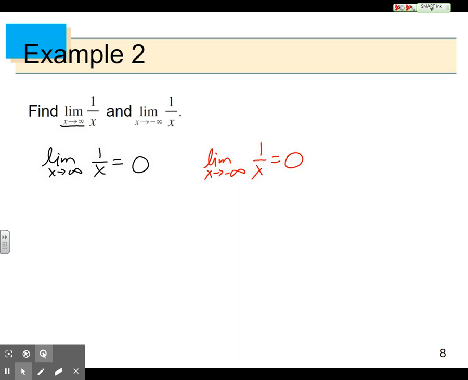You don't have a negative in there, but it's 1 divided by something incredibly large in magnitude. Yes, it's on the negative side, but we're still just so close to 0. And 0 is neither positive nor negative, so my limit in both of these cases would be 0. And this is very handy because this is going to give me a shortcut for evaluating a lot of limits at infinity.